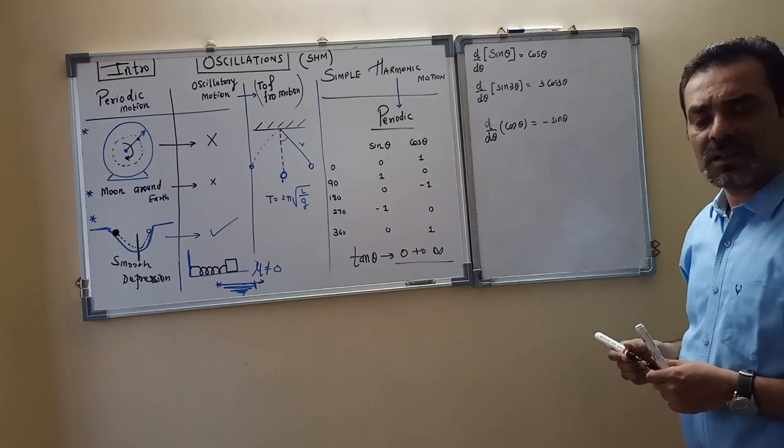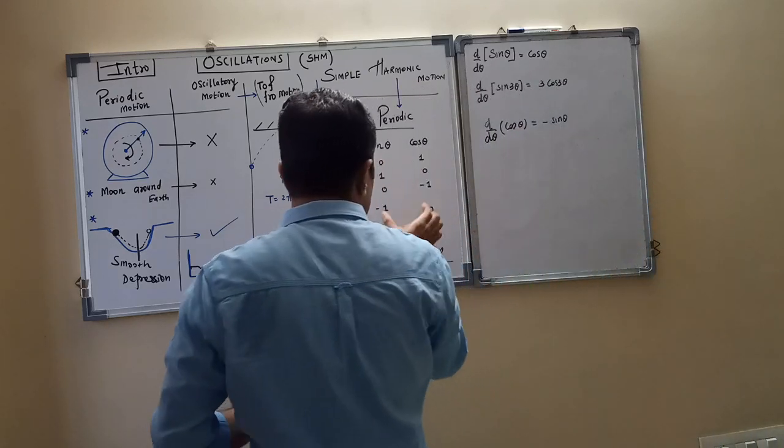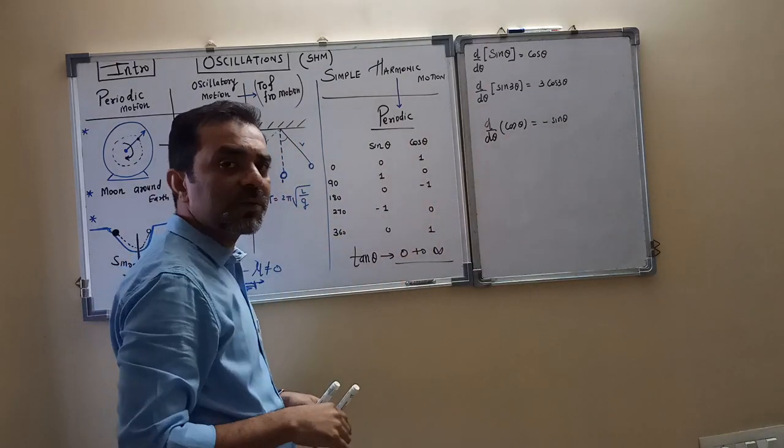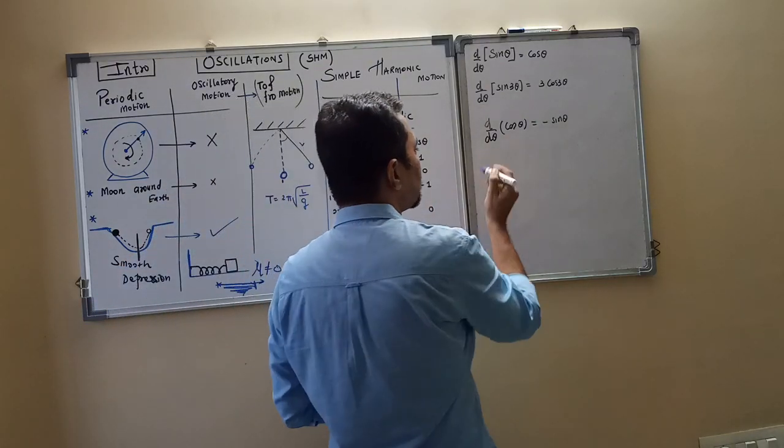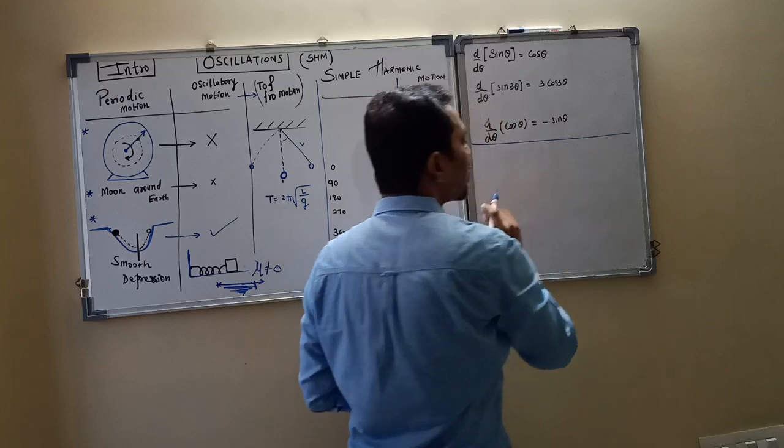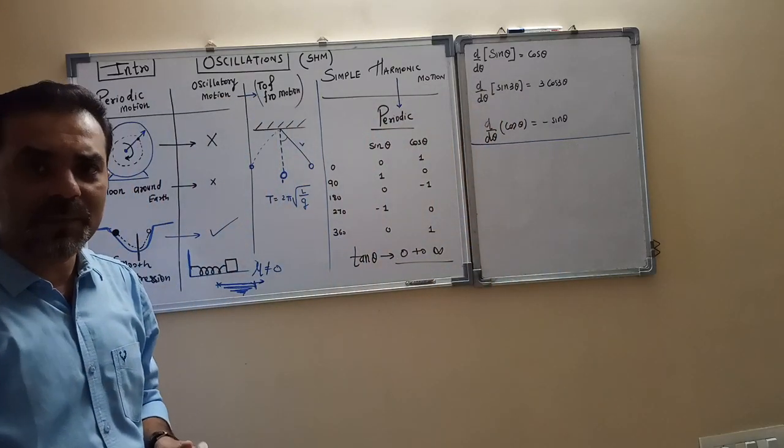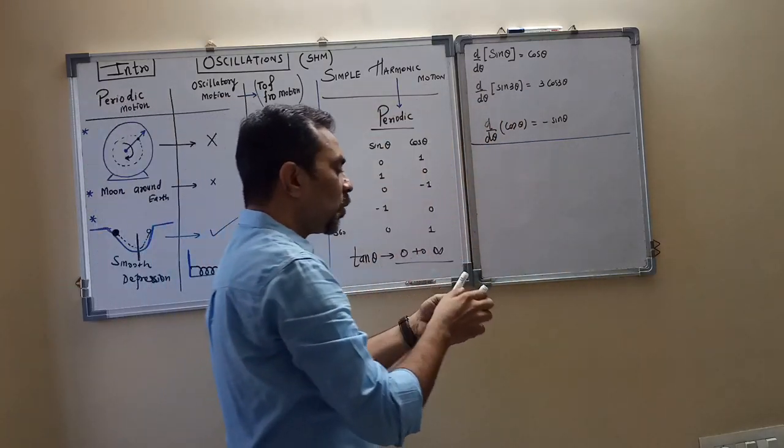That's it. Now, one very important relation: if you cannot remember these values, there is a standard unit circle method. PCM students can easily understand, otherwise I am revising, so nothing to worry.